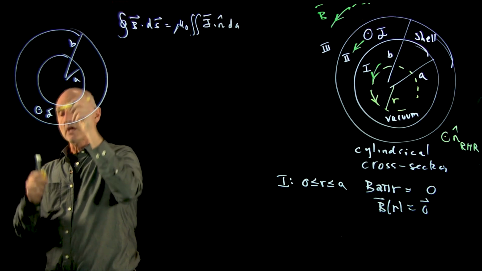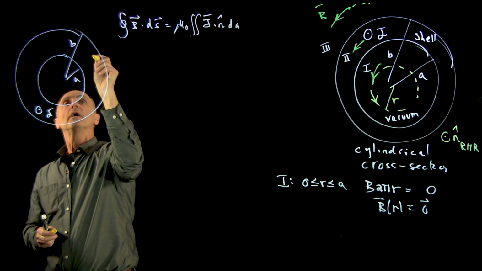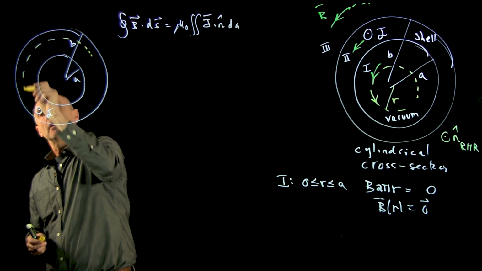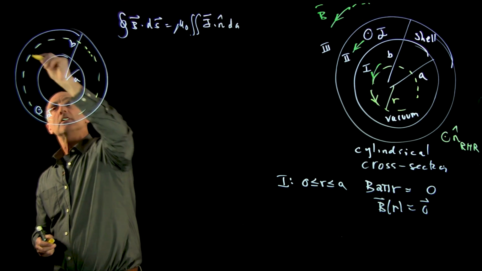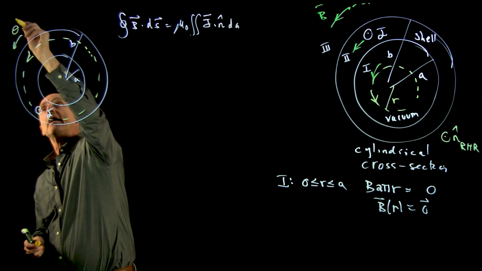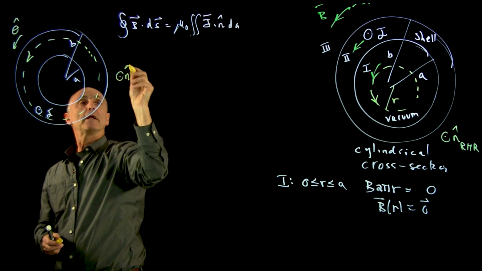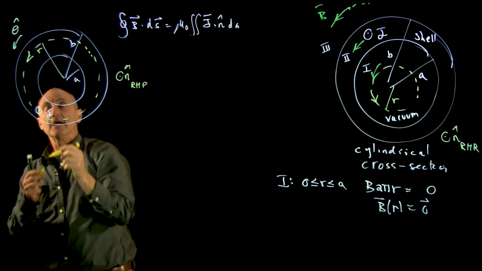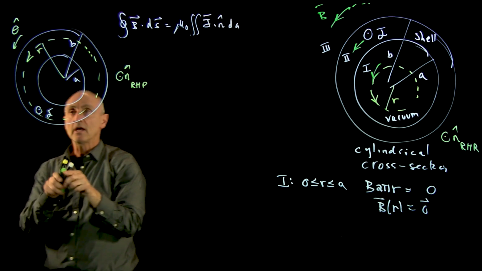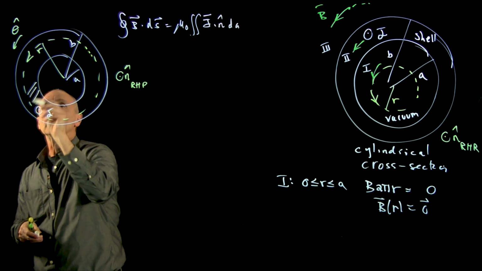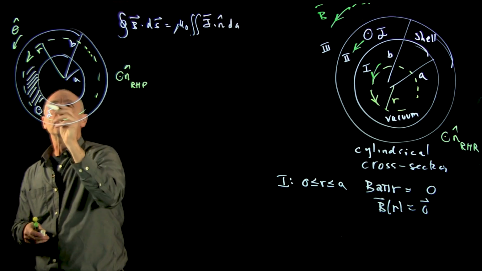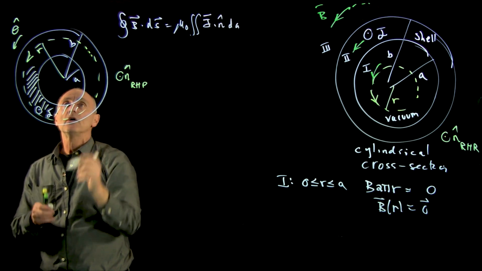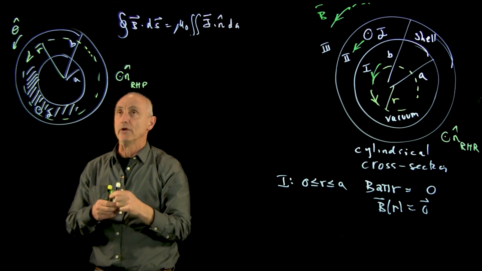I'm going to choose my Amperian loop first here, circulation direction theta hat, n hat right-hand rule out of the board, radius r. Now, the current enclosed, I'll just start to shade it in a little bit here. This goes all the way around. So how am I going to calculate that current?